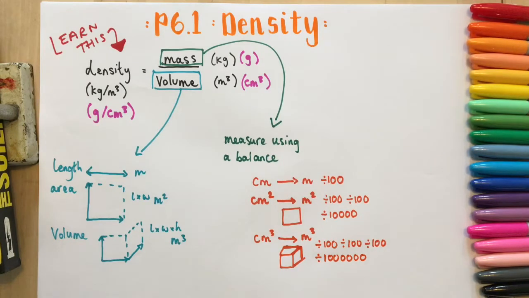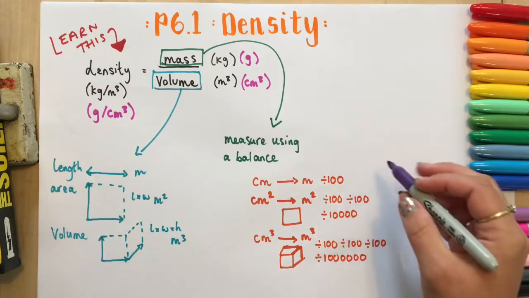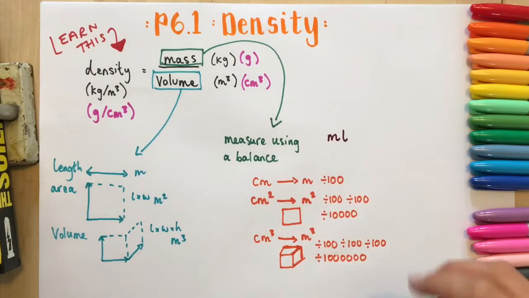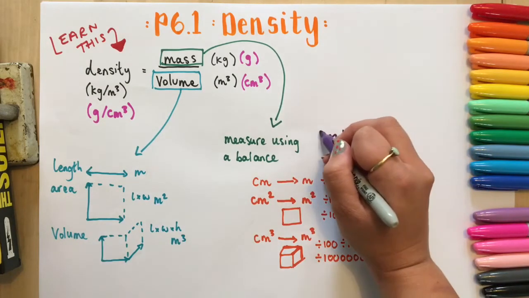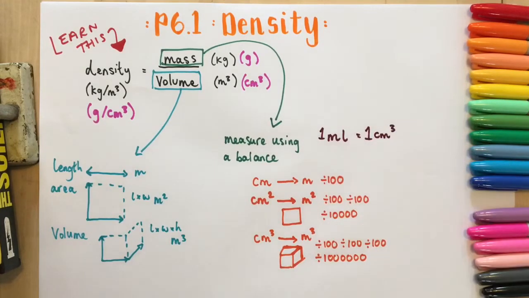The other conversions that you need to be able to do are if you're given a volume, sometimes we use liquid for the volumes, or if you're finding the volume of a liquid, on a measuring cylinder, 1 milliliter is equal to 1 centimetre cubed.